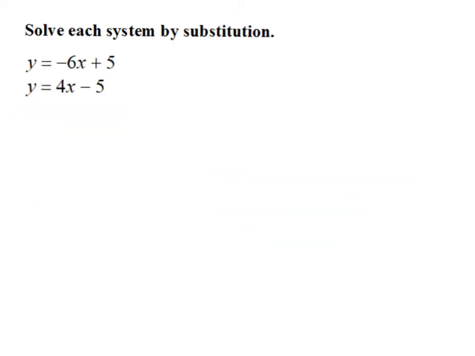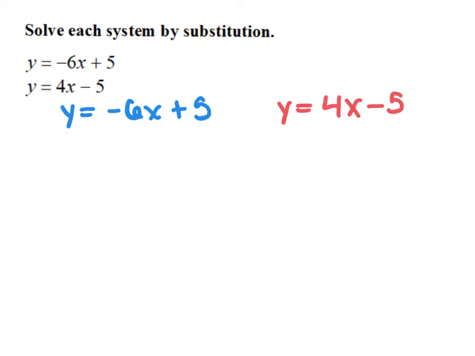Now first I'm going to rewrite both of my equations. So I have y equals negative 6x plus 5 and y equals 4x minus 5. Now what we should notice is that both of these equations have y already by itself. So it doesn't matter which one we choose to substitute into the other.